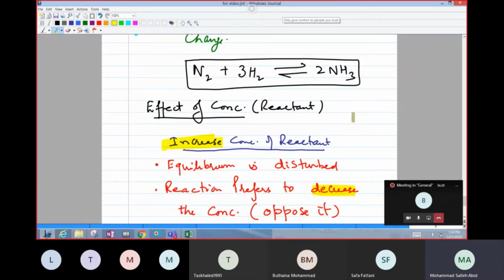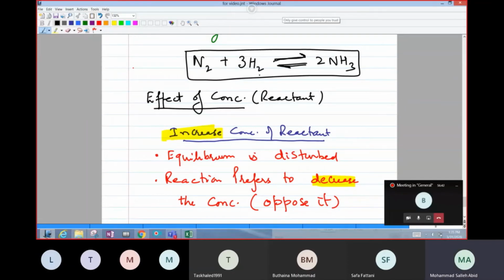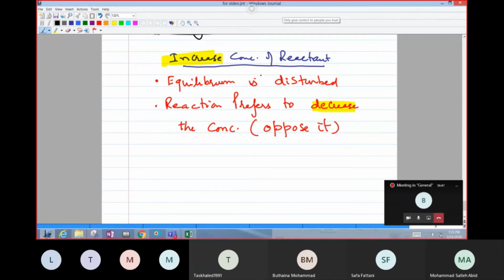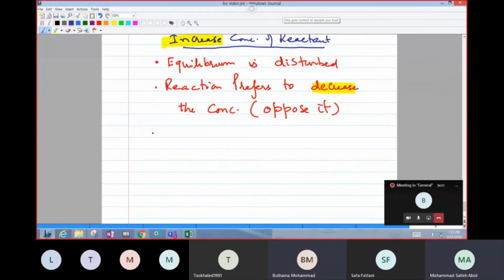Remember, it has only two options, either the forward direction or the backward direction. How can it decrease the amount of the reactants? By increasing the amount of product. Very good. So the reaction prefers the forward direction.